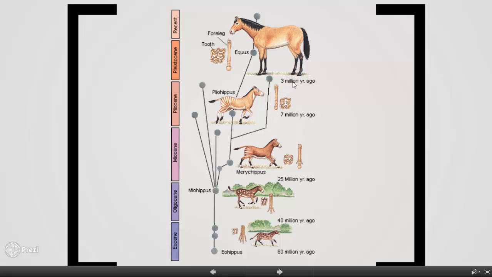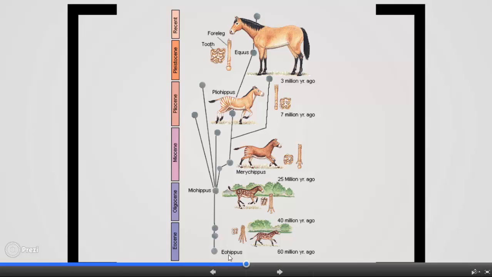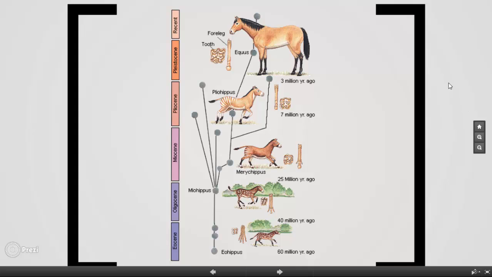And 3 million years ago, we have what we know as the modern horse, the Equus, with a similar tooth, similar foreleg. So over time, through genetic mutation, through different environmental factors, through different adaptations, this Eohippus evolved into the modern horse.